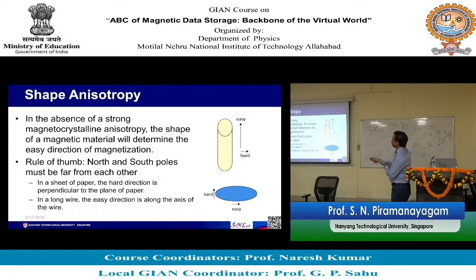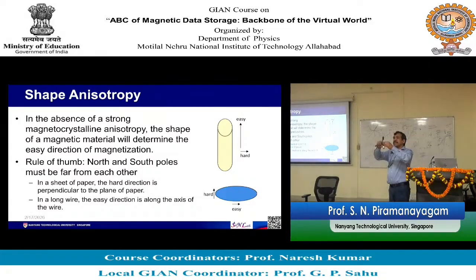Okay. So, the rule of thumb in the shape anisotropy is that a configuration in which the north and south poles are far away from each other, that is the easy direction. Okay. For example, if you take a cylinder like this, let us say I magnetize the material along this direction, let us say I make this north, this south.